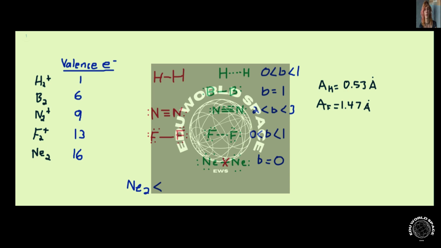So for H2, that's 2 times 0.53, which is 1.06 angstroms. And for fluorine, that's 2 times 1.47, which is 2.94 angstroms.